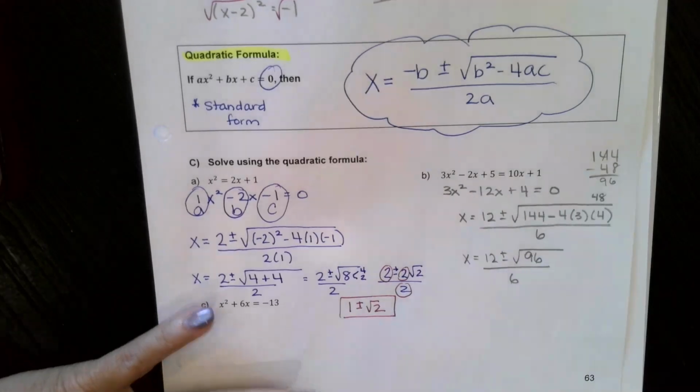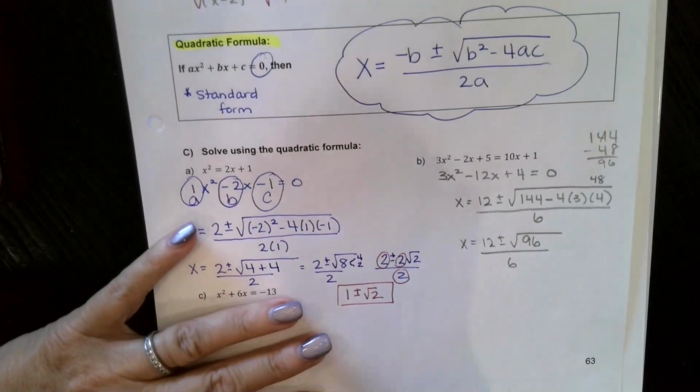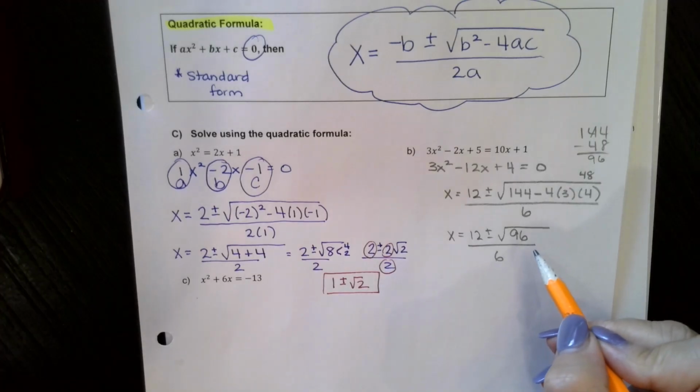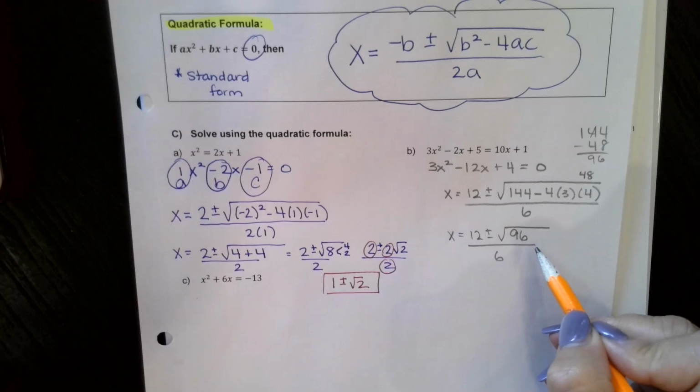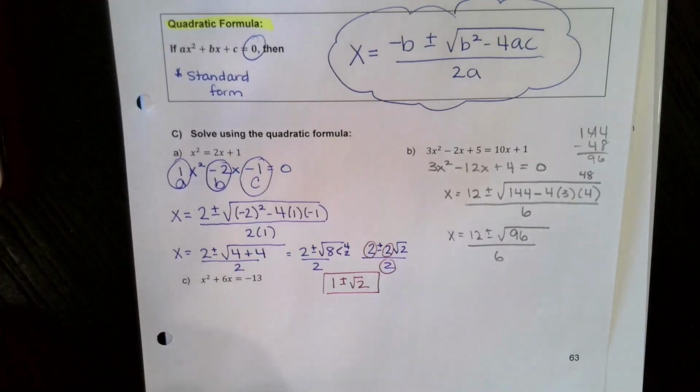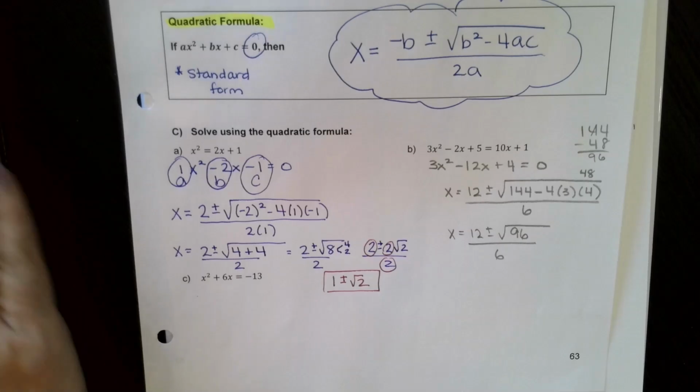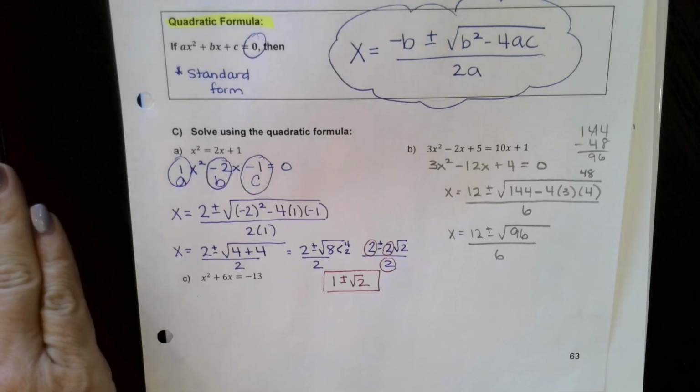Okay, now this gets a little bit more tricky. This is why it's important to know what your perfect squares are. So I know that I can put a 4 into this, but it can probably even go more than that. So think about what perfect square you can divide into 96 that's bigger than 4.